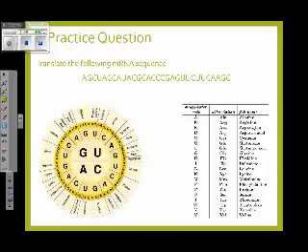Okay, so first we want to break these into 3s. So, we have mRNA. mRNA will transfer right to your amino acids, to your proteins. Okay?